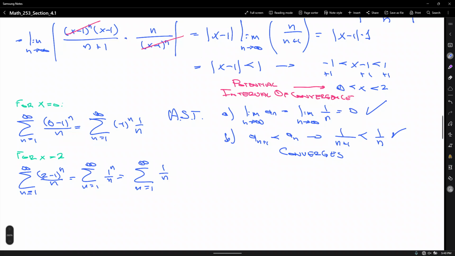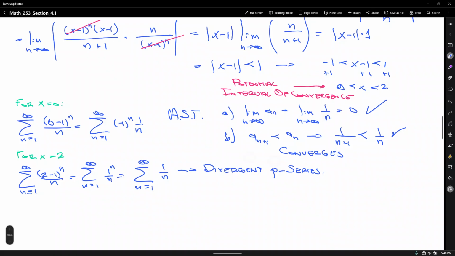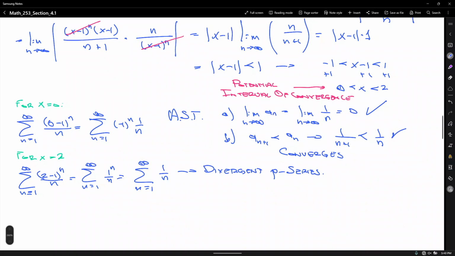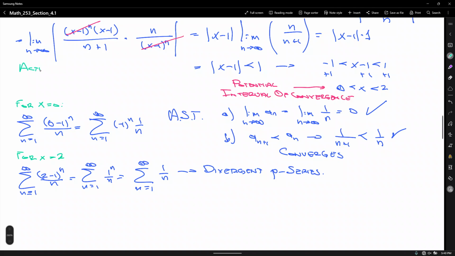What do you think about that series? Diverges, converges? Diverges by which series? Well, it's the harmonic series, a divergent p-series. So now that we have all this, let's write the actual interval.